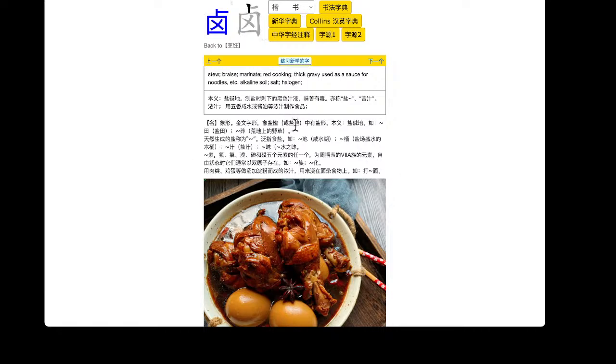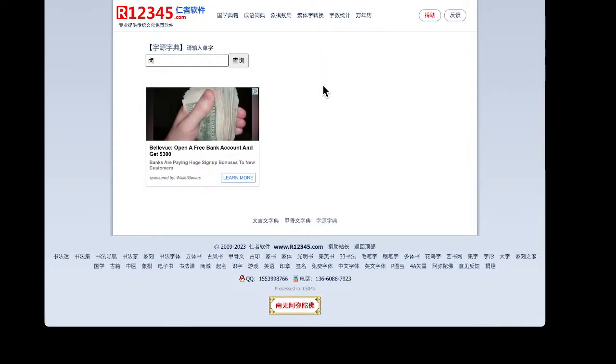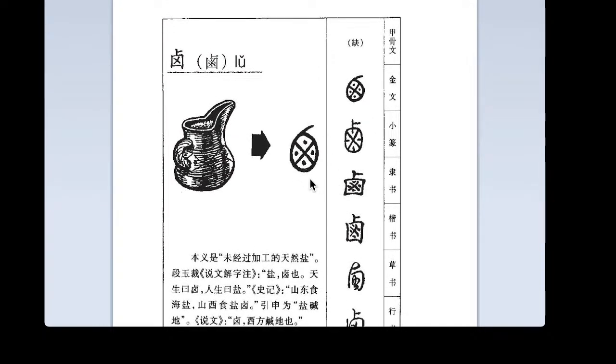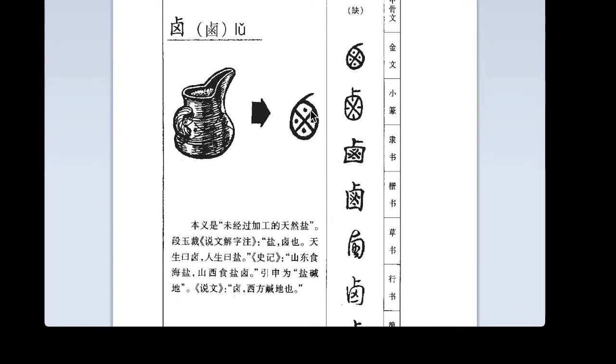All right. So let's take a look at that. Now this one, the original meaning is preparing, getting salt. The way they got salt in ancient times is, I think, pretty much still the same. One way is getting it from seawater.